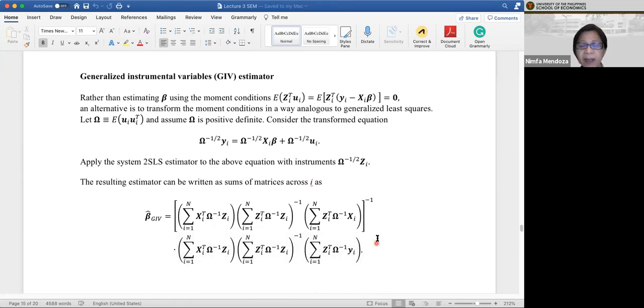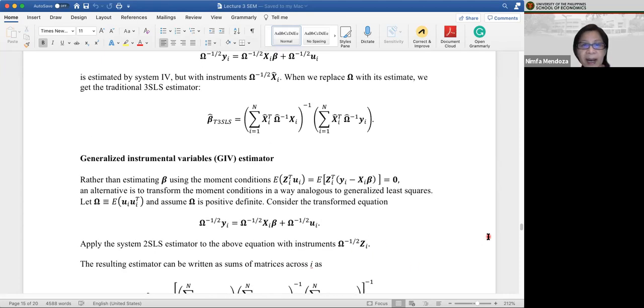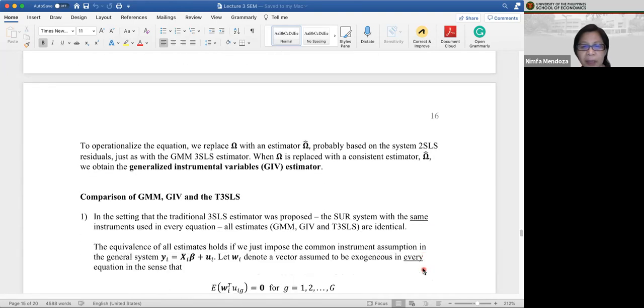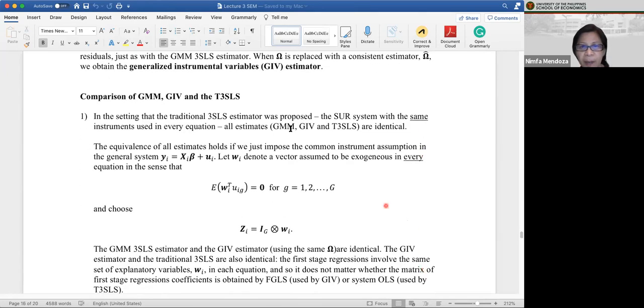Okay. And also this estimator would be identical to the traditional three-stage least squares estimator. So it would not matter what estimation method you use among GMM, GIV, and traditional three-stage least squares estimator.